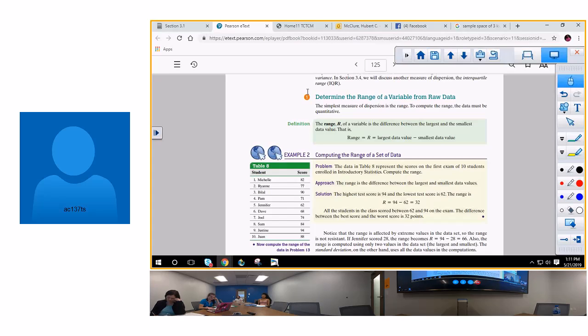You don't have 2 modes then, you only have 1 mode. That's 28 because it shows up the most. But if you have a series of numbers that show up the same amount and they're the most, then you have to write every one of those numbers down. So in the case of 21, 28, 28, 30, and 30, you would write down for the mode 28, 30, and you would classify that as bimodal.